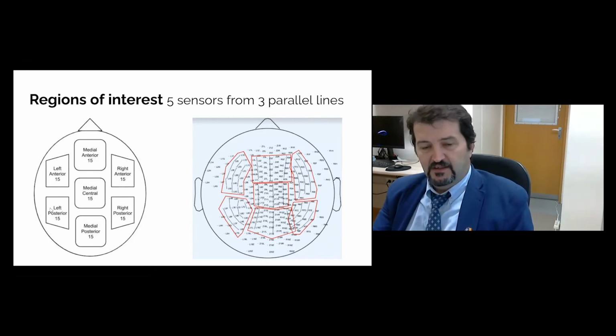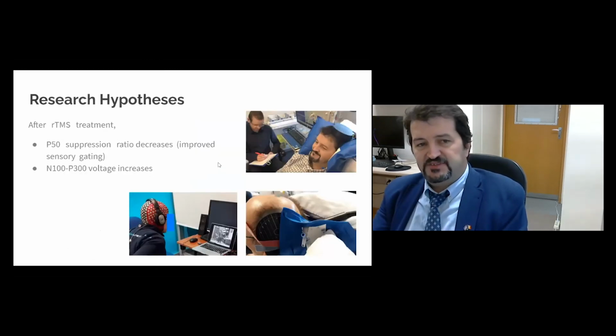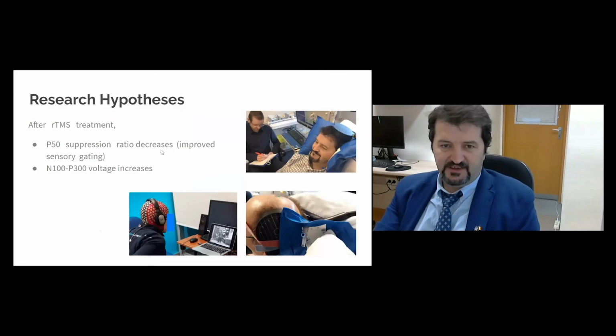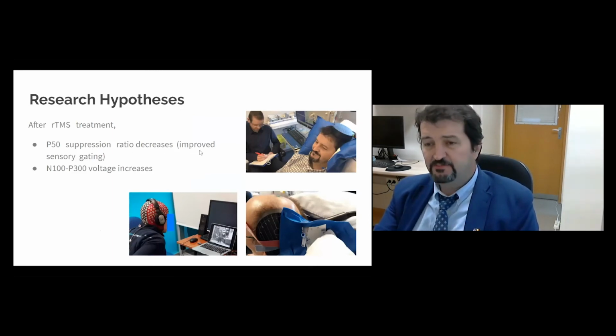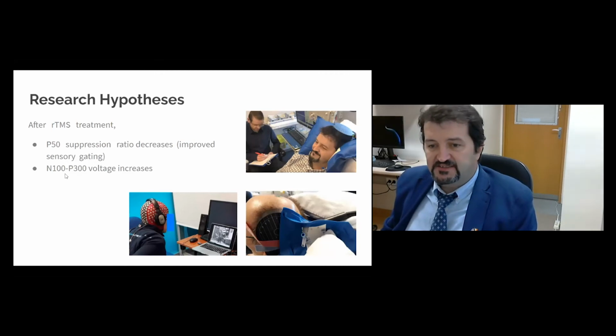As I said, patients with schizophrenia are known to have less P300 and less P50 suppression over this area. So our research hypothesis was that the P50 suppression ratio decreases, or sensory gating improves, after the TMS treatment, and that the N100 P300 voltage increases.